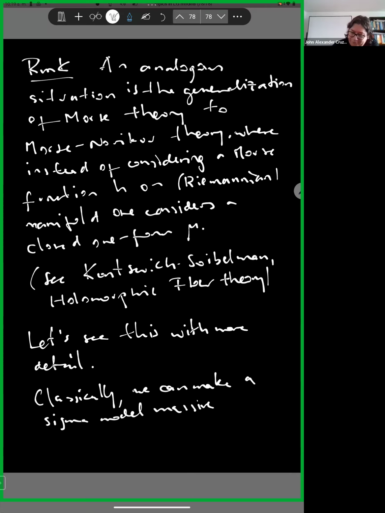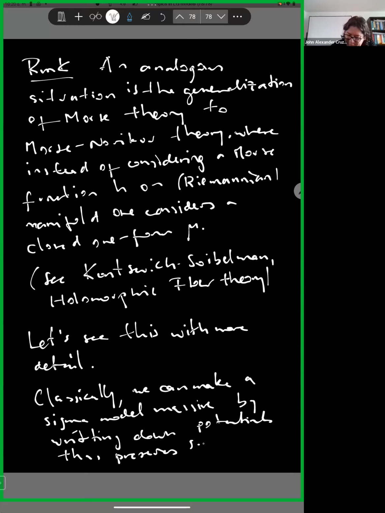So we can make it massive by writing down some potentials that preserve supersymmetry.